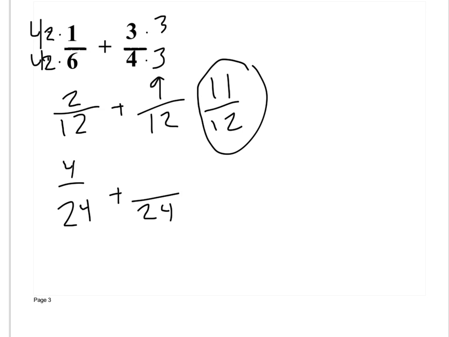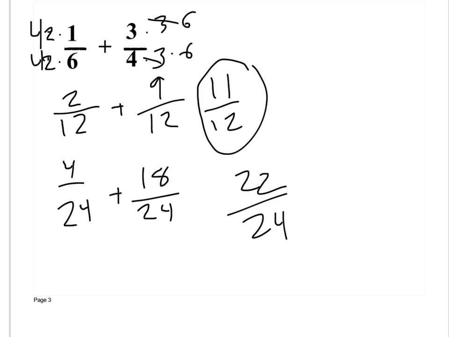I multiply 4 by 6 and 3 by 6. That gives me 18 over 24. What is 18 plus 4? 22 over 24. What can I take out of it? 2. If they're even numbers, 2 will go out almost every time. So I reduce by 2. Guess what I get? 11/12.